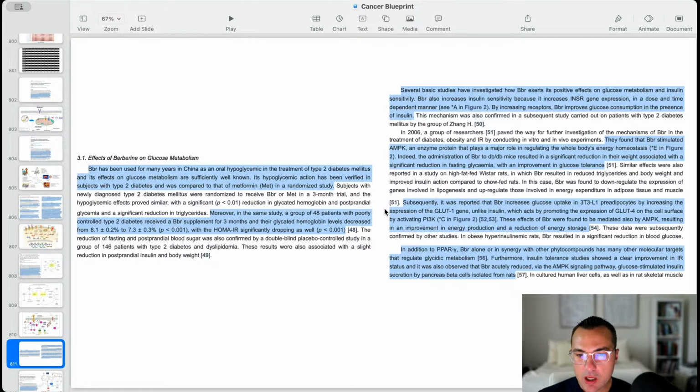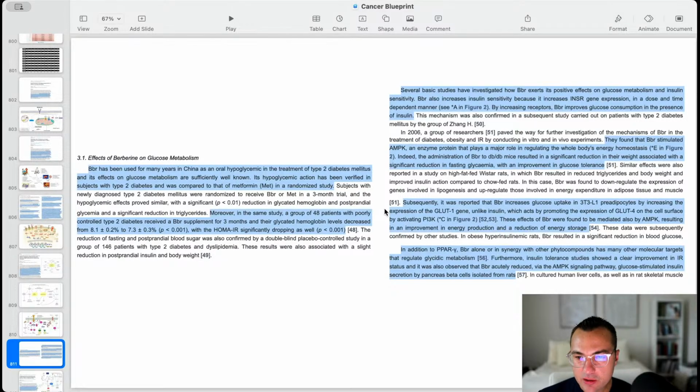Later, it says, subsequently, it was reported that berberine increases glucose uptake in 3T3-L1 pre-adipocytes by increasing the expression of the GLUT1 gene, unlike insulin, which acts by promoting expression of GLUT4 on the cell surface by activating PI3K.